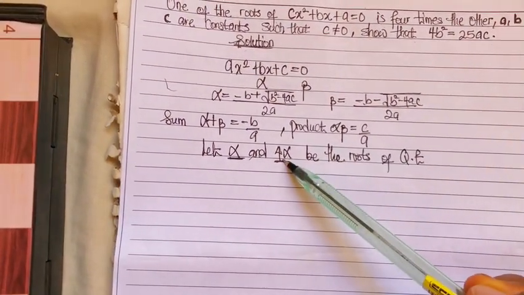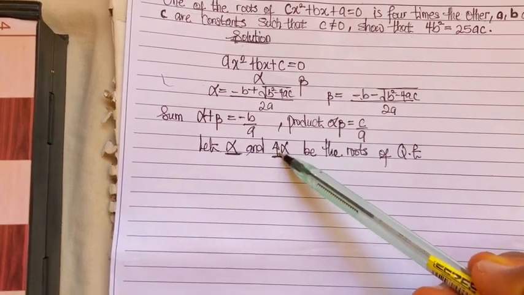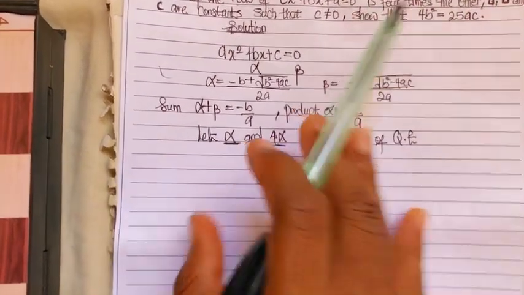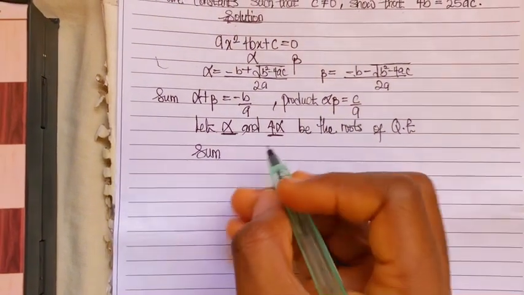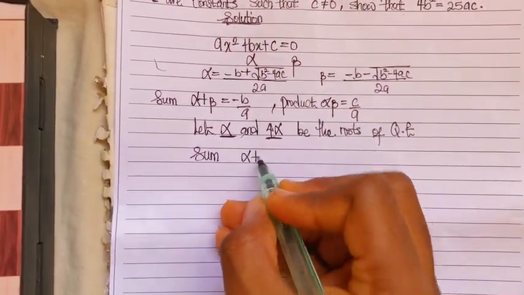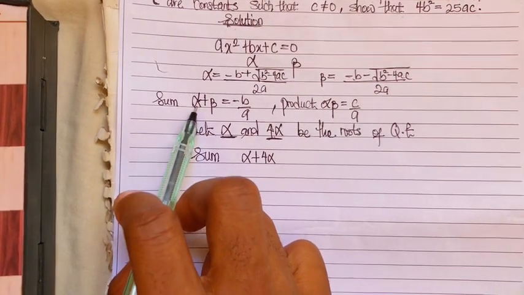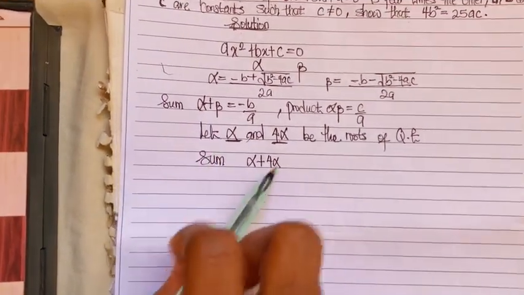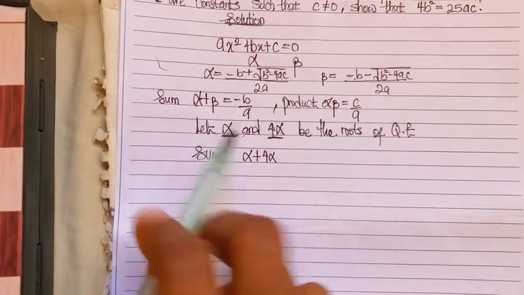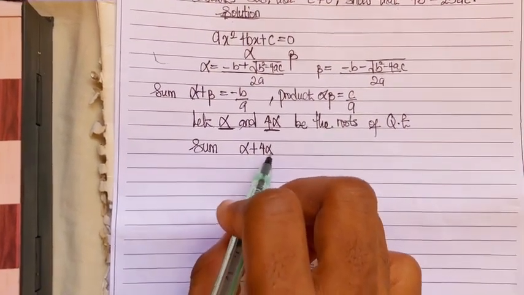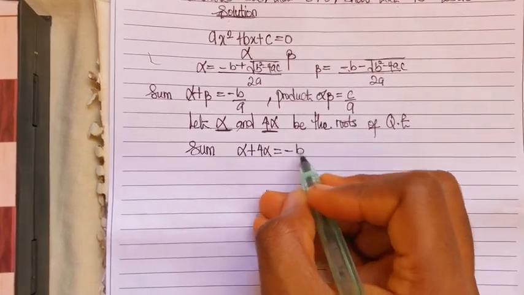So if one of the roots is alpha, let 4 alpha be the second root. Then to get the sum, I'm saying alpha plus 4 alpha, just like when we had alpha plus beta, but in this case beta represents 4 times the previous one. So alpha plus 4 alpha equals minus b over c.